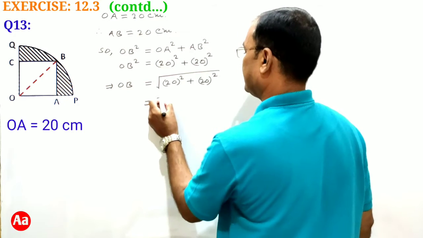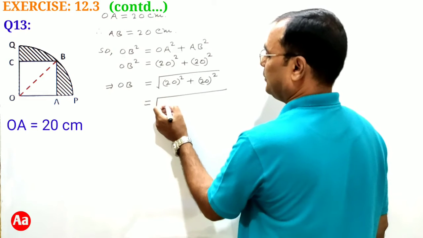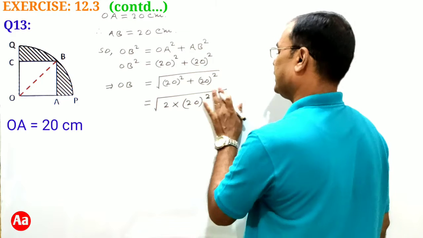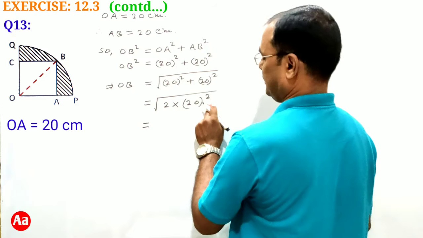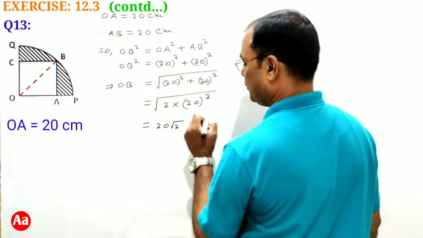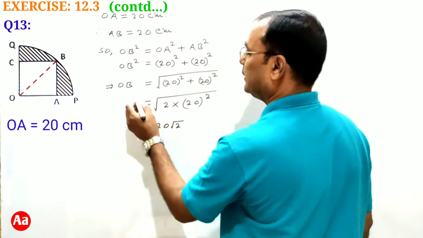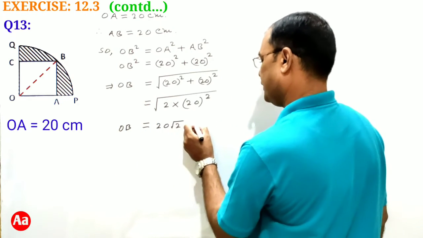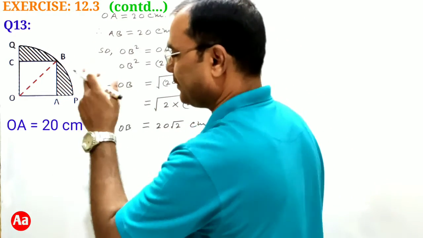This we can write 400 plus 400, 800, or we can write 2 into 20 square. Directly we can understand it like this also, no problem. 20 square is a perfect square number, square root is 20, so 20 root 2. So OB is 20 root 2 centimeter, which is actually the radius of the quadrant.